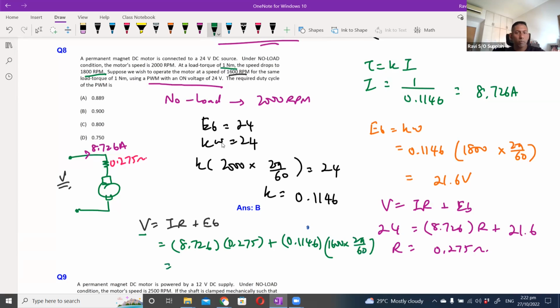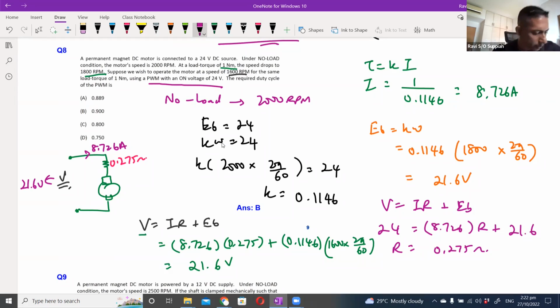That will give me a value of 21.6 volts. That means I need 21.6 volts here to make sure that I'm able to operate the motor with the same load torque, running at 1600 RPM.